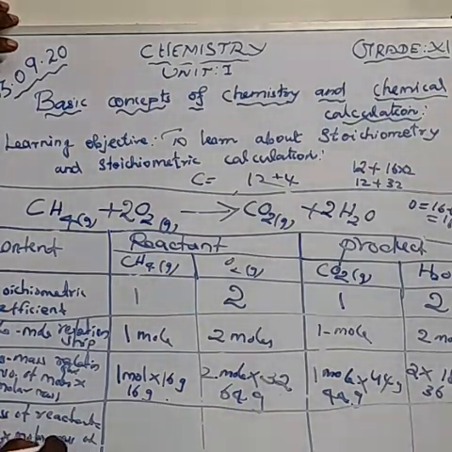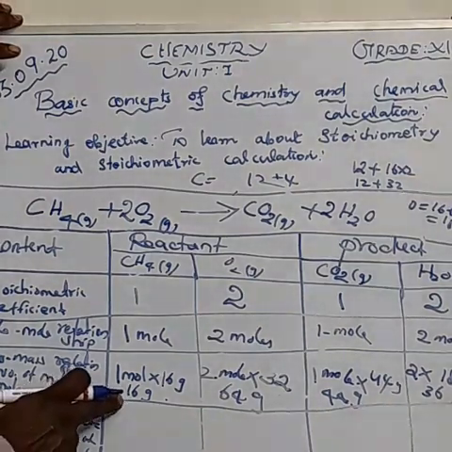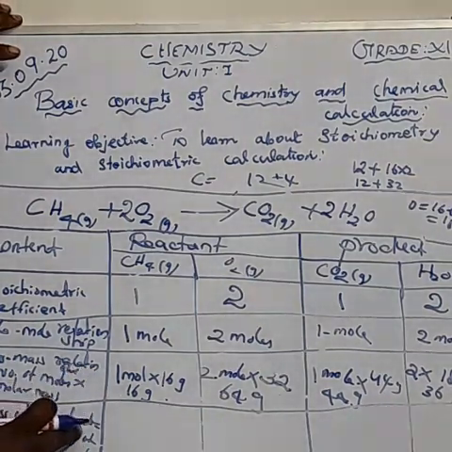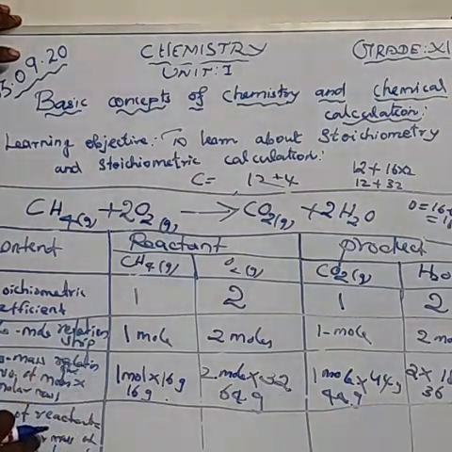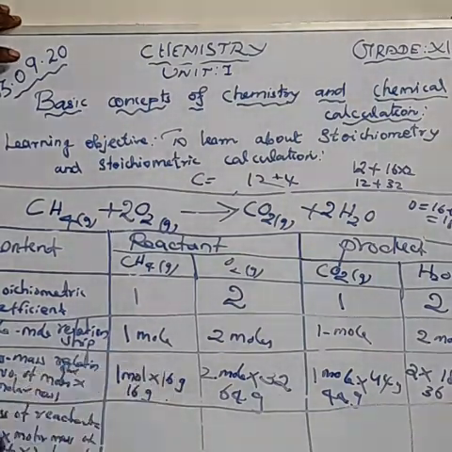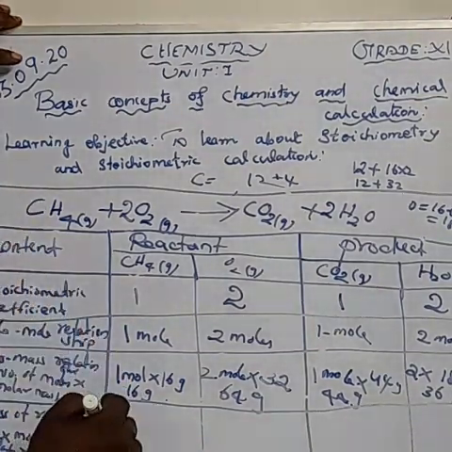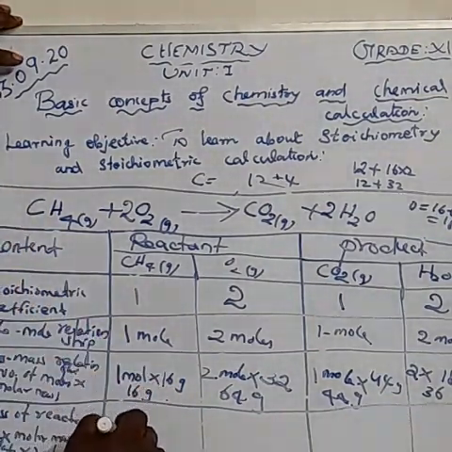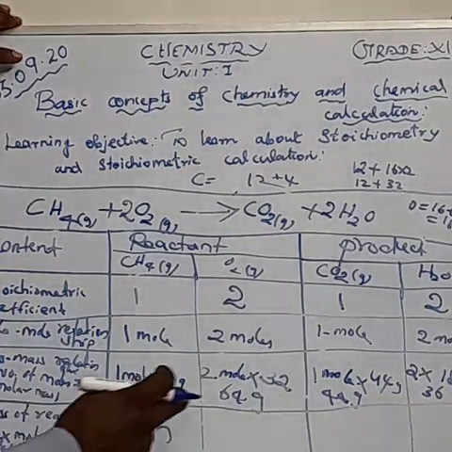For the first, 1 mole into molar mass is equal to 16 gram. So 1 into 16, 16 gram. Here also the same.